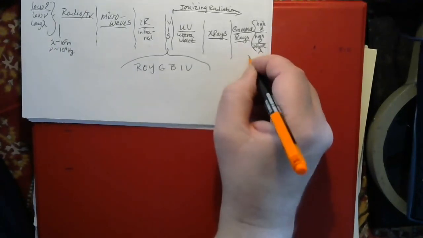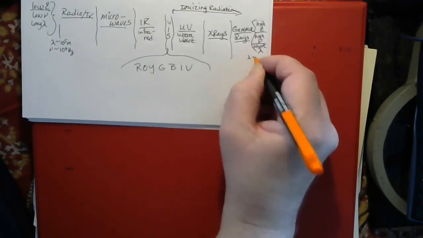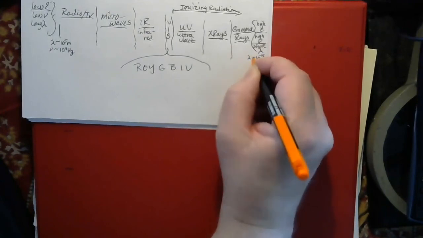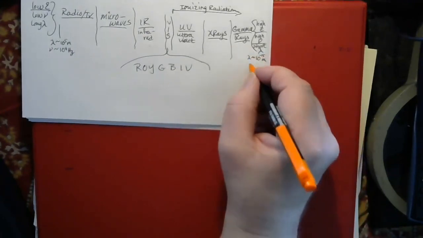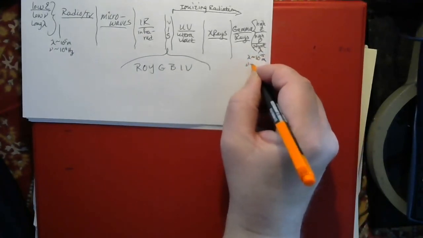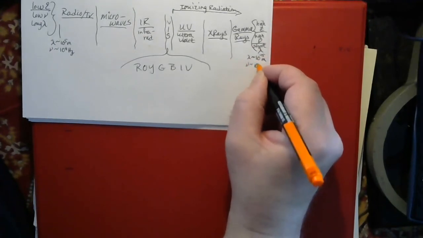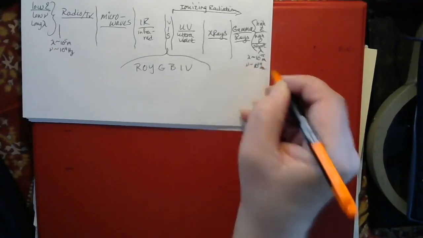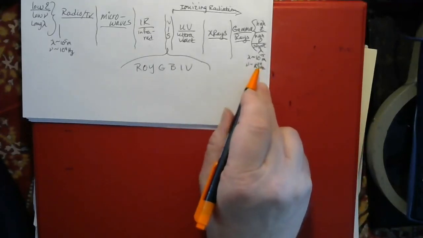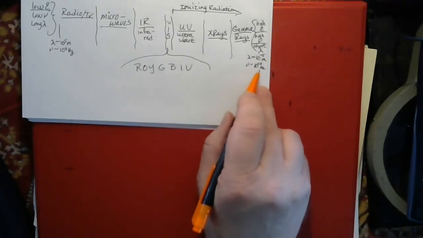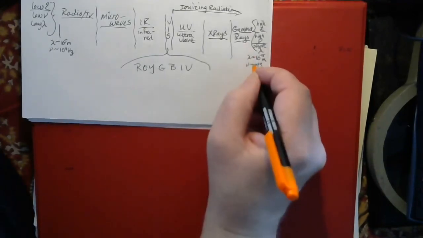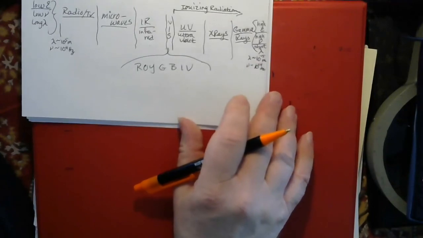We're talking wavelengths on the order of 10 to the minus 15 meters. So that is really, really small. And frequencies on the order of 10 to the 24th hertz. Again, that's a huge number. That's more than a mole. That's basically 10 moles of hertz. And so that's a very, very large number.